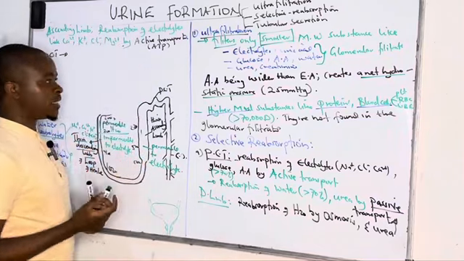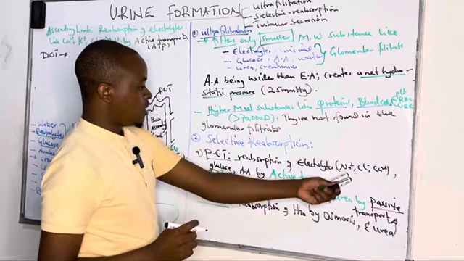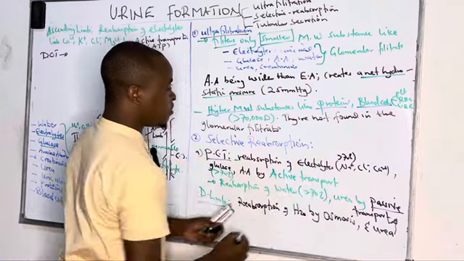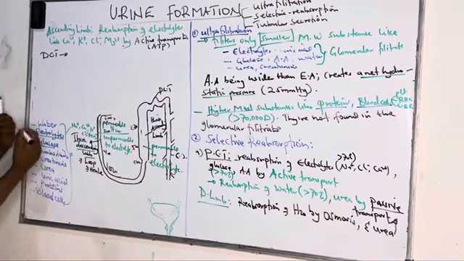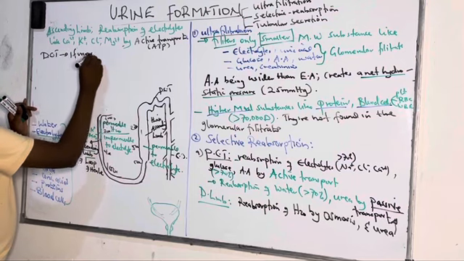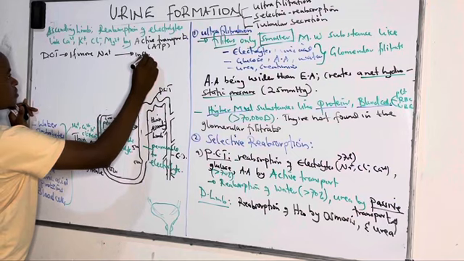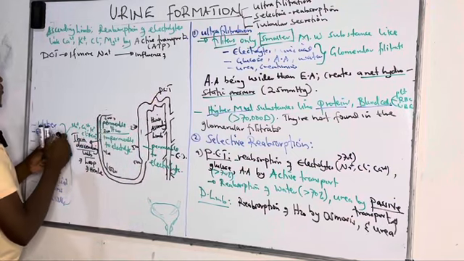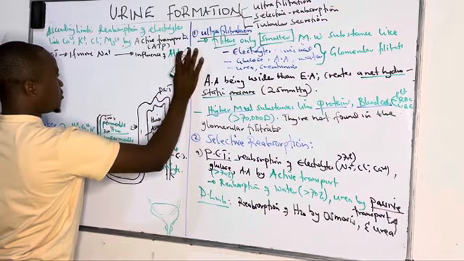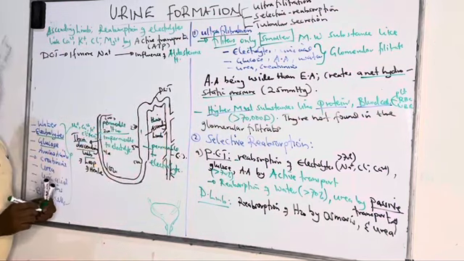And the disclaimer is always that if more sodium is needed, because we see more sodium here, even though greater than 70% of sodium is reabsorbed in the PCT, but in case our body needs more sodium, it is reabsorbed under the influence of aldosterone hormone. And this aldosterone hormone is produced from the adrenal cortex.